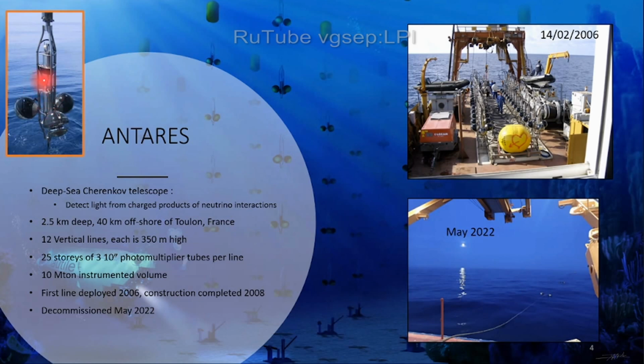So these are the detecting elements. With this, we instrumented 10 megatons of volume, 2.5 kilometers deep off the shore of Toulon. What you see on the top right here is the deployment of the first line. You see the 25 stories on deck. It was Valentine's Day, so somebody drew a little heart on here.